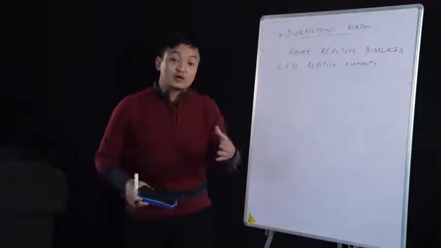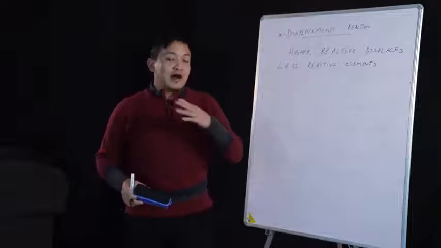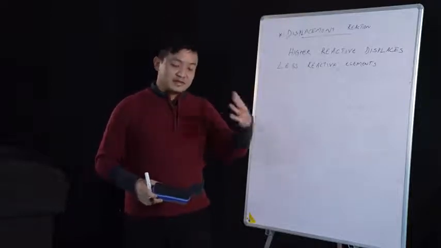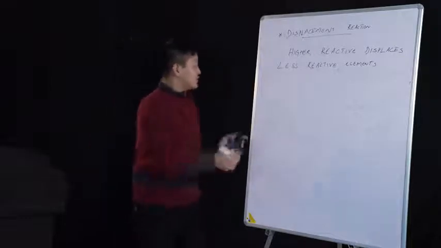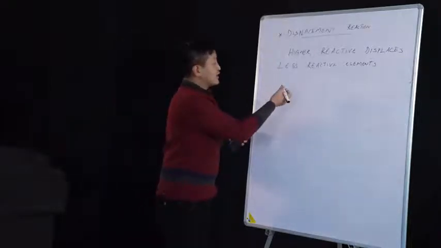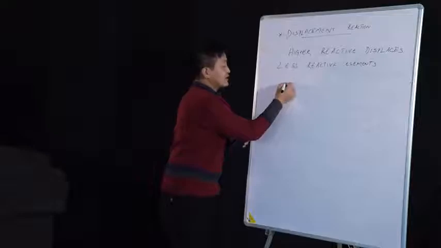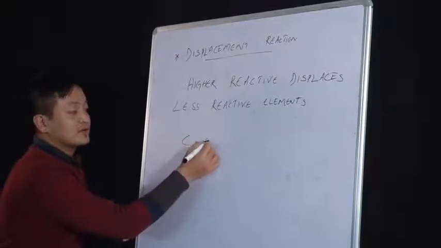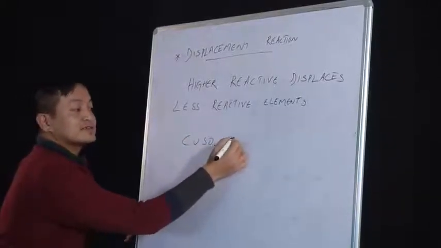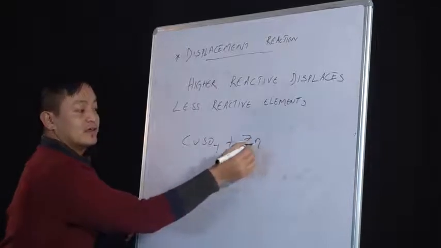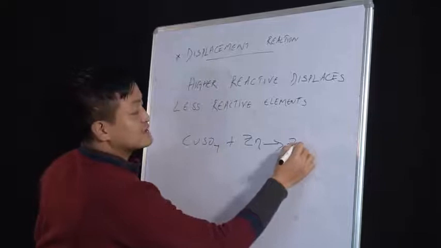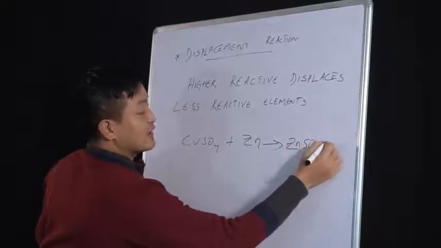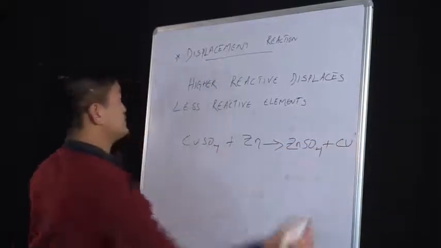Here the stronger ones are going to outsmart the less reactive, the weaker ones, in simple words. So if I give you a chemical reaction for this one, let's take copper sulfate and let's take zinc. The products that we'll get here are zinc sulfate and copper.